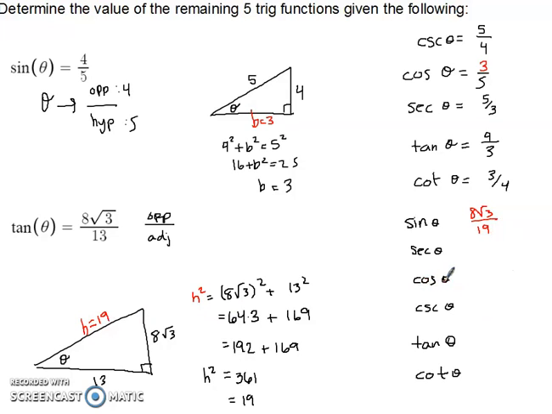Secant is the reciprocal of cosine, so I'm actually going to do my cosine first. Cosine is adjacent, 13 over 19, which means that secant is 19 over 13. Cosecant is the reciprocal of my sine function, so 19 over 8 root 3. Tangent we already have, 8 root 3 over 13, and cotangent is the reciprocal, so 13 over 8 root 3.